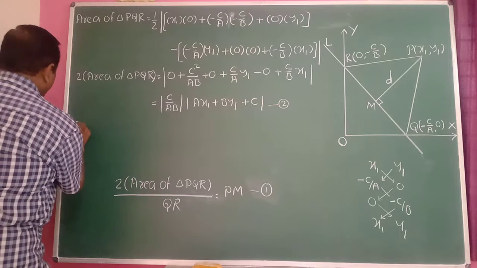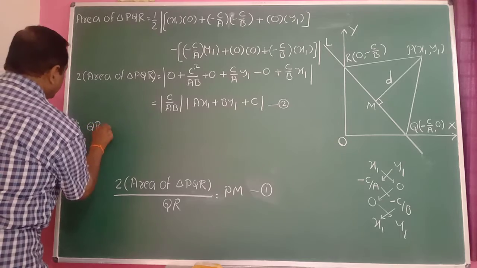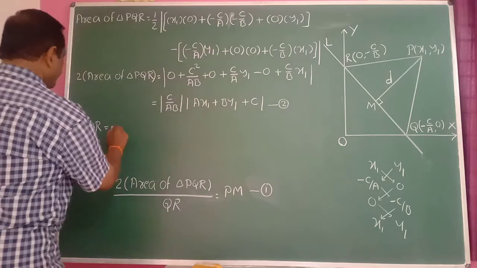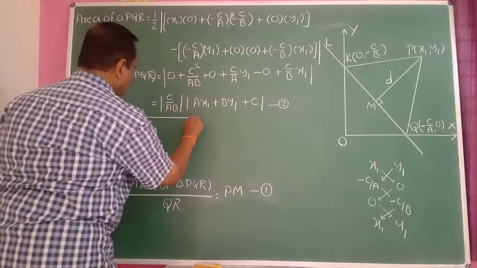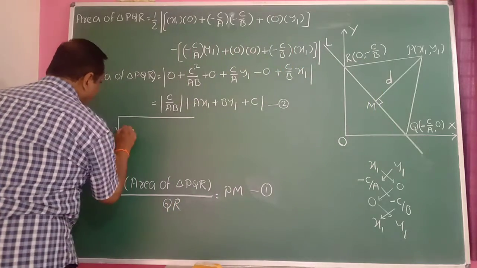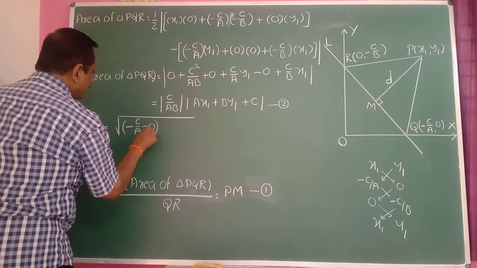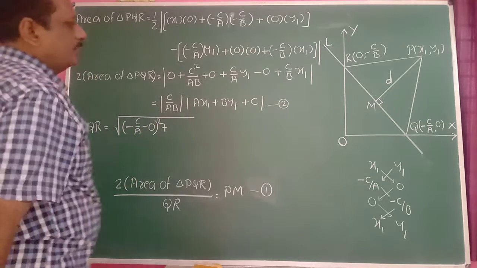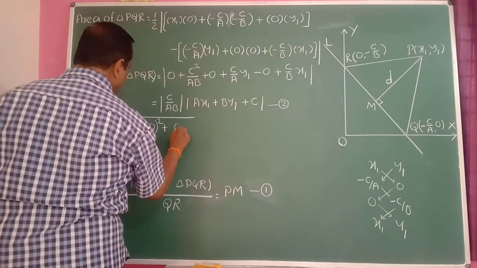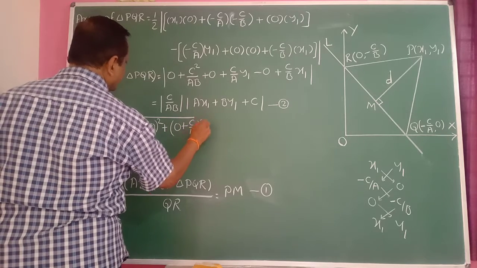And use the distance formula. Here find QR. QR is equal to, here use the distance formula. Okay, so root of minus c upon a minus 0 whole square, then plus, 0 minus of minus becomes plus here, so 0 plus c divided by b, whole square.